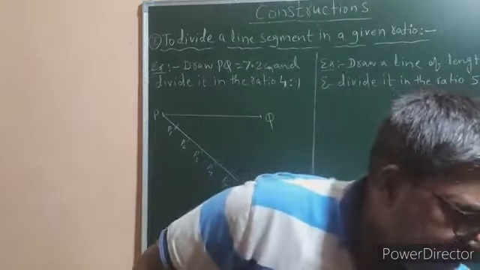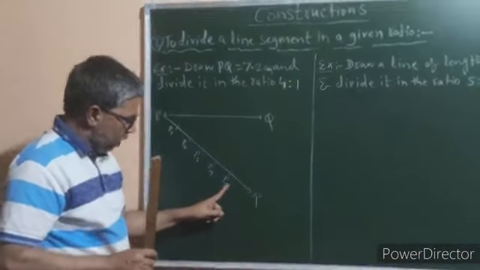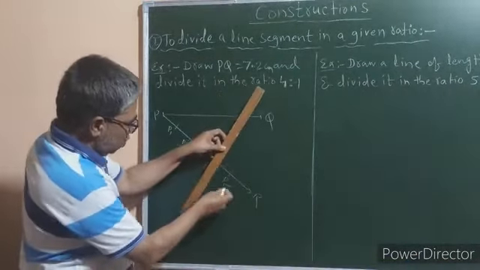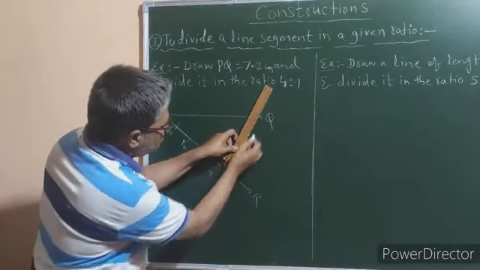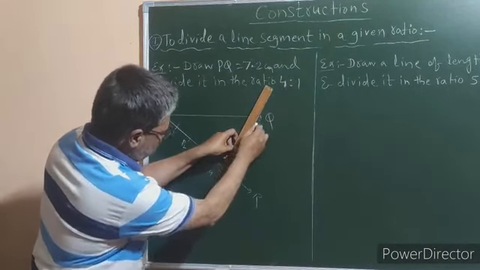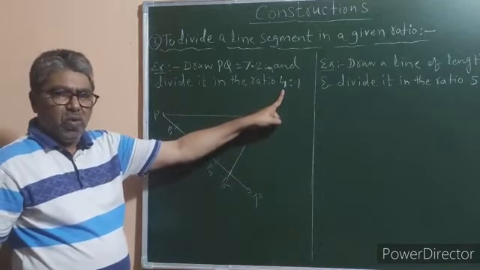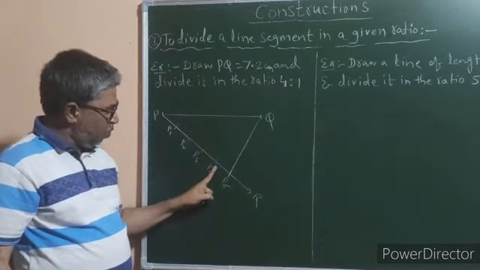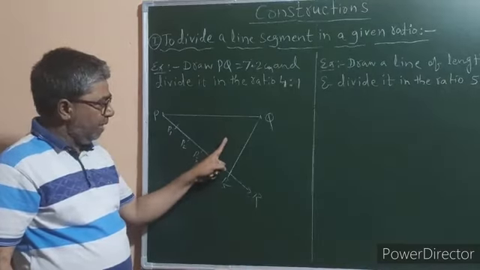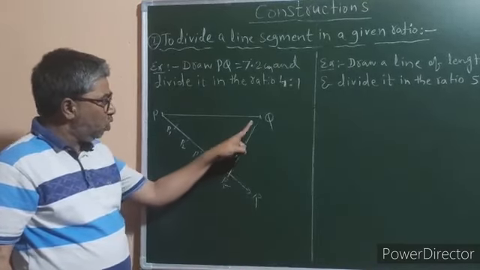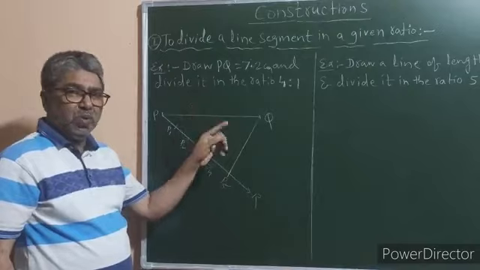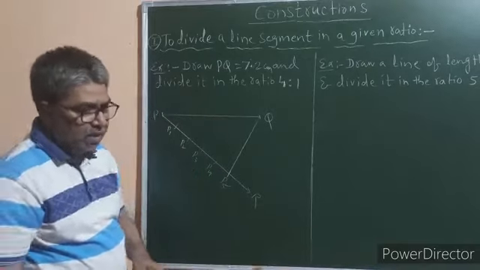Now the next step will be joining P5 to Q to get a line P5Q. The first term of the ratio is 4. So from P4 you have to draw a line parallel to P5Q to meet PQ at a certain point.